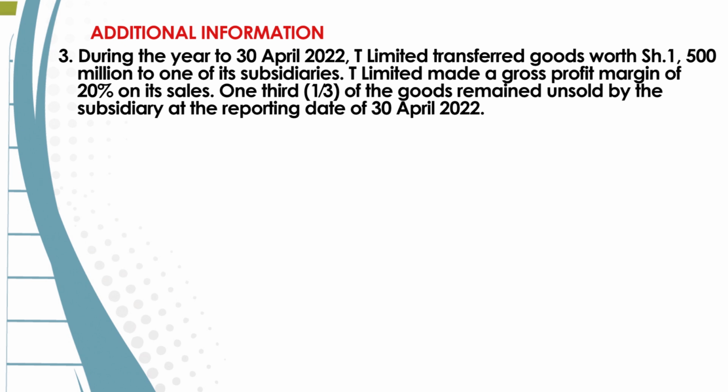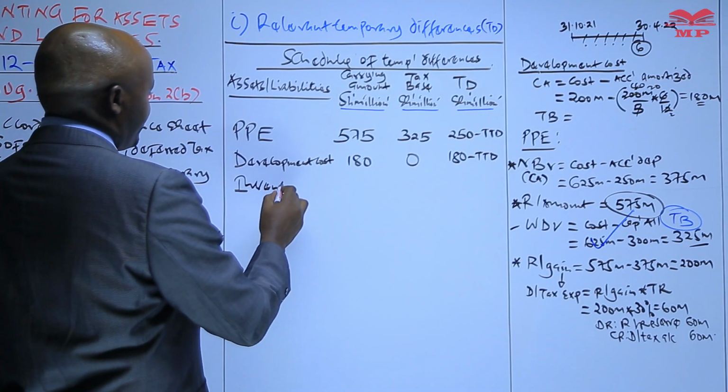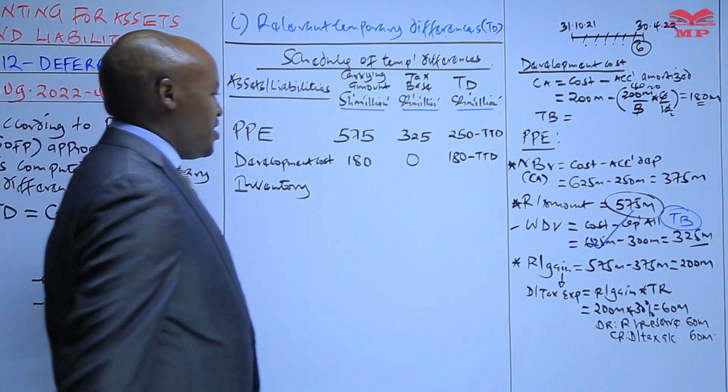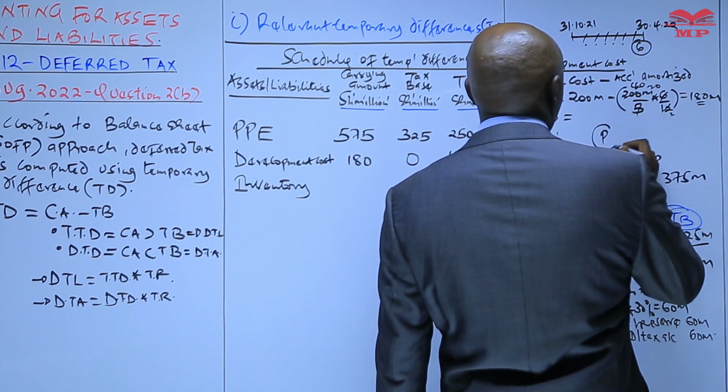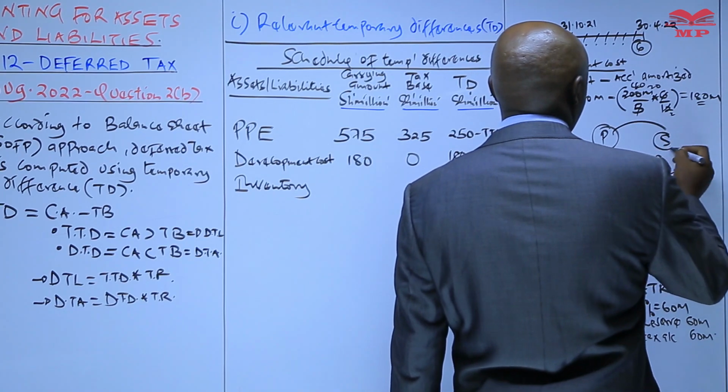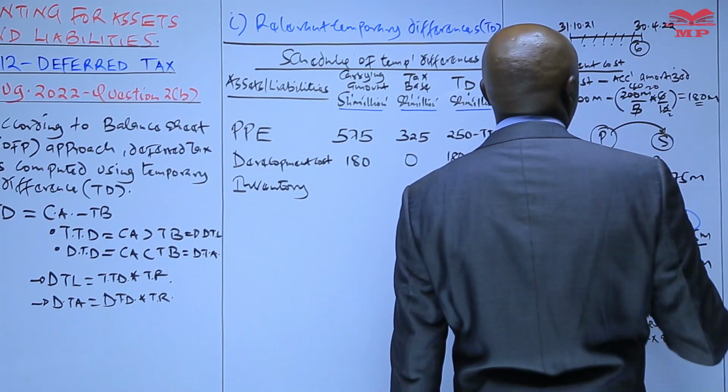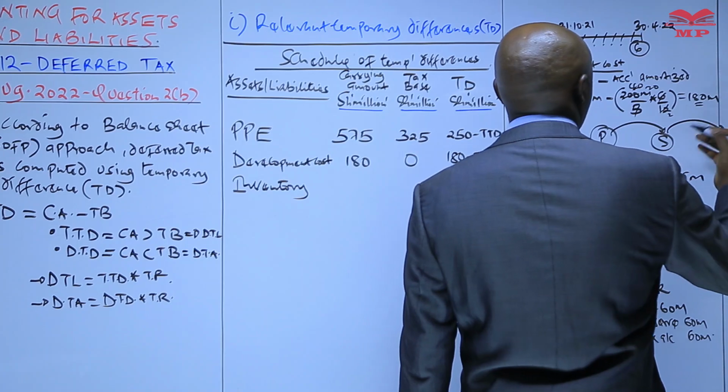And you're told a third of these goods remained unsold by the subsidiary at the reporting date. Now, from that particular point, our interest is the inventory. Basically, what you're told is that the parent company, which is T, sold some goods to the subsidiary, and some of those goods had not been sold to third parties.